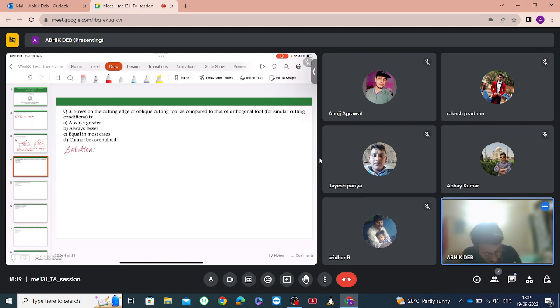So just pay attention here. See, this is the orthogonal cutting, right? And this is the oblique cutting.